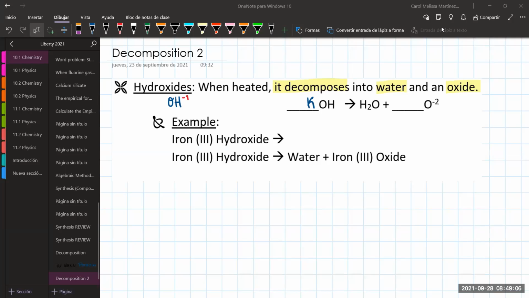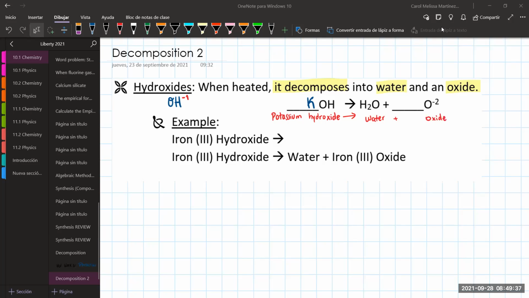I have here KOH, or as we know it, potassium hydroxide. Because it's only one compound, decomposition will occur. According to the rule, it will produce water and oxide. But what kind of oxide?